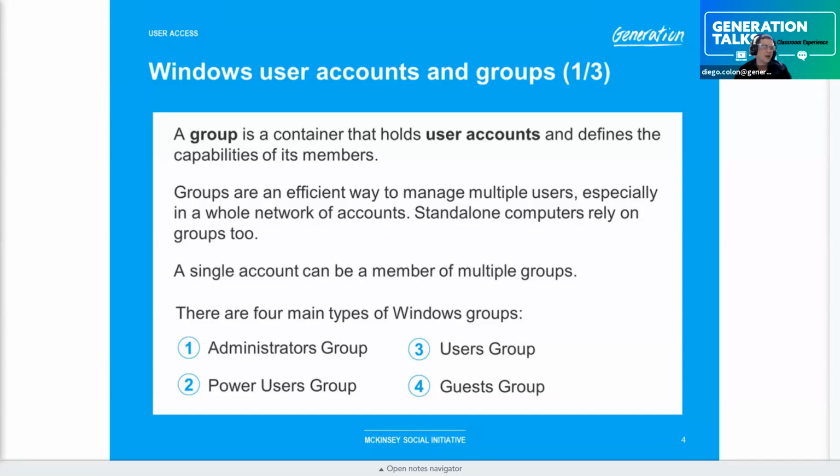Here you see the default ones: your administrators group, your users group, your guest group, and your power users group. Overall, you can create your own group. You do understand the users group is just a default group. If I create a Pepe accounting group, and I give it only user rights, it is still technically a user group, but it is defining a role base.